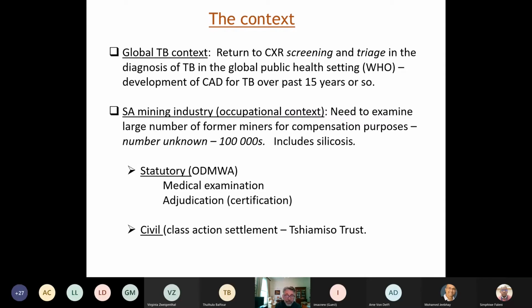However, given our compensation laws and given what's happened in recent years, particularly the outreach of the statutory compensation authority in South Africa, and also the settling of a large class action lawsuit with six mining companies for both tuberculosis and silicosis, there's been a huge expansion of both interest in and the need to examine, I don't know the numbers, but if we take the numbers we believe for parts of the industry, we're talking about hundreds of thousands of mainly former miners.